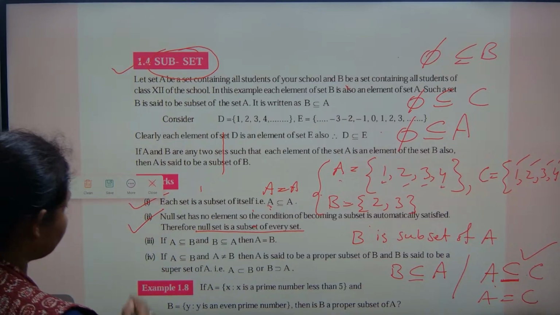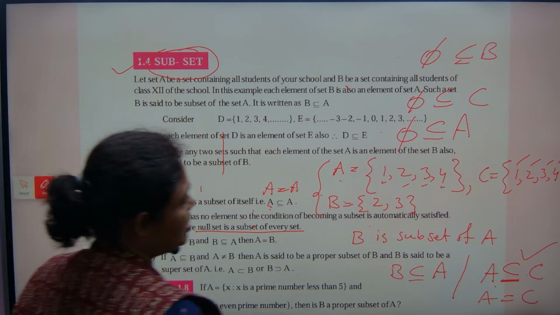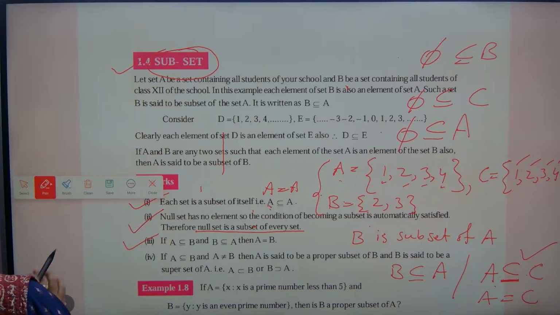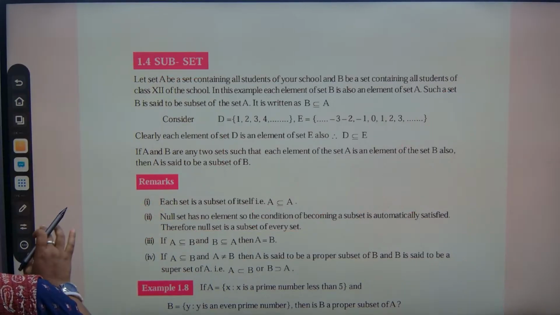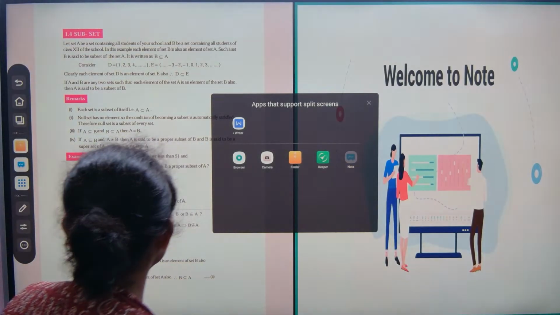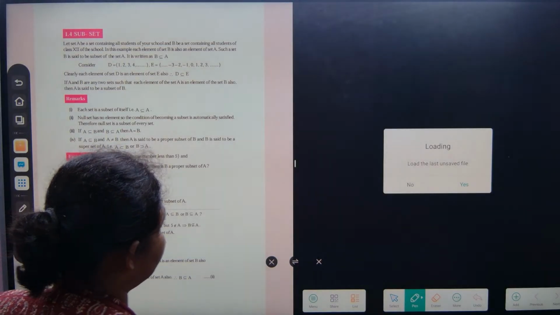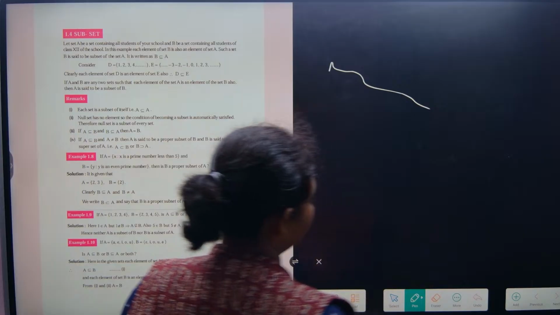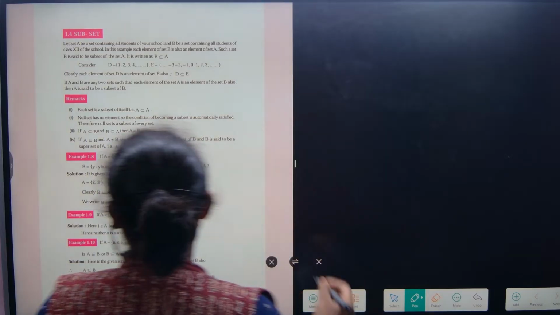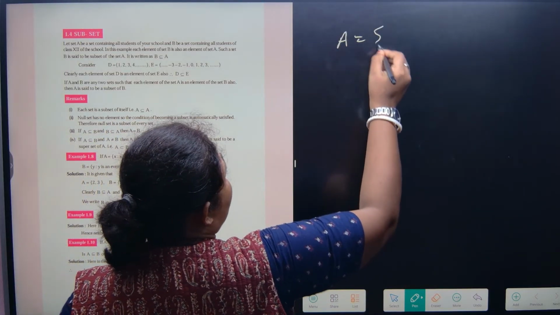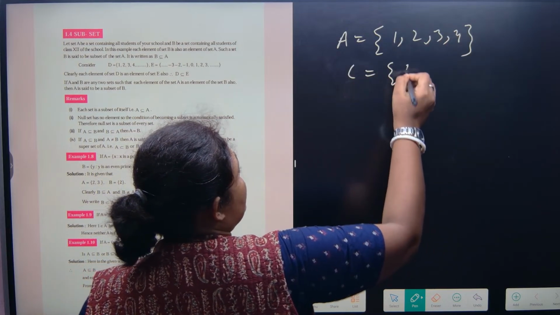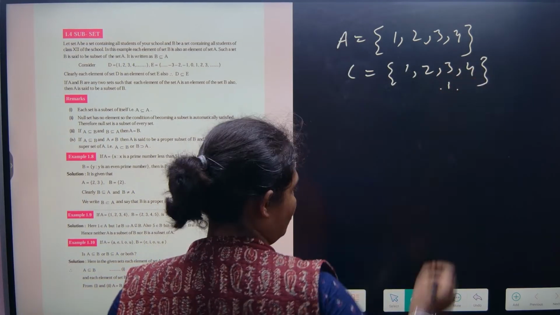Okay, and the third point. See here, in this condition, we have taken A as 1, 2, 3, 4 and C as again 1, 2, 3, 4, right?